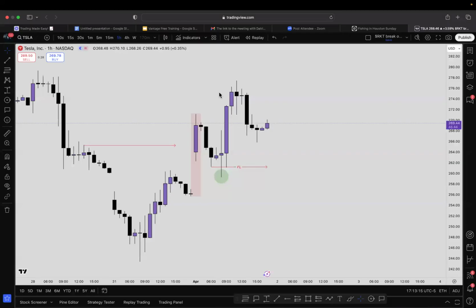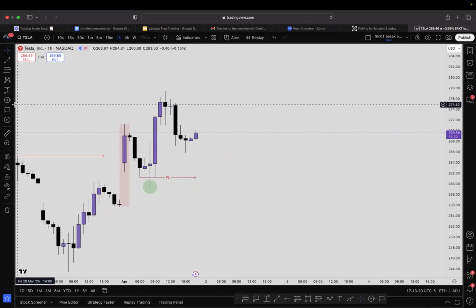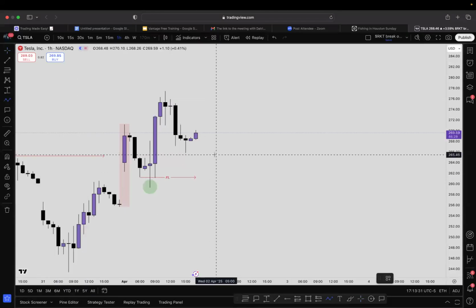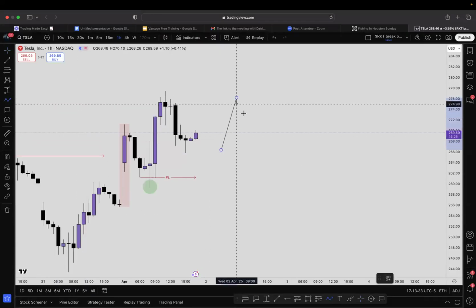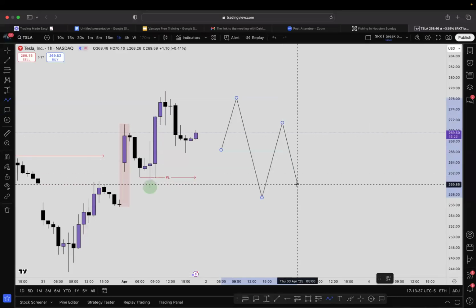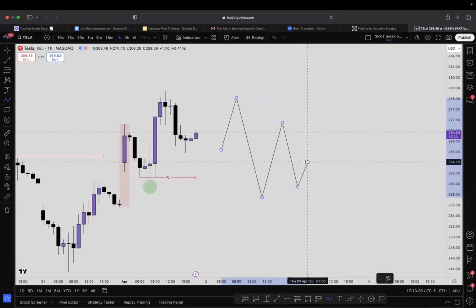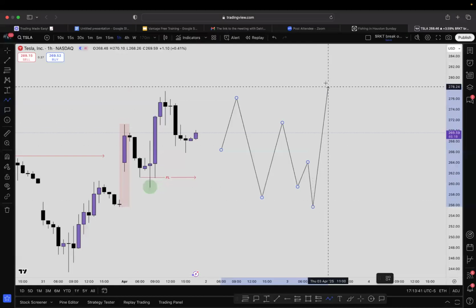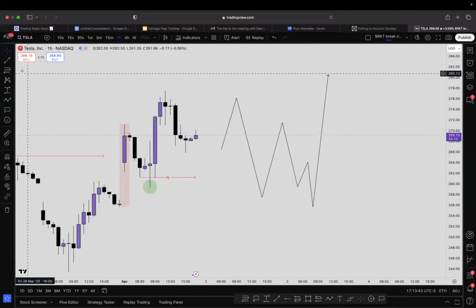Does a first low have to break structure to be valid? Nope, it doesn't have to. For example, this first low here, in the manipulation, it did not break this bullish structure. But there could be a situation where you have something like this: you have a first low, price comes up, manipulates it, and then shoots straight up just like that.